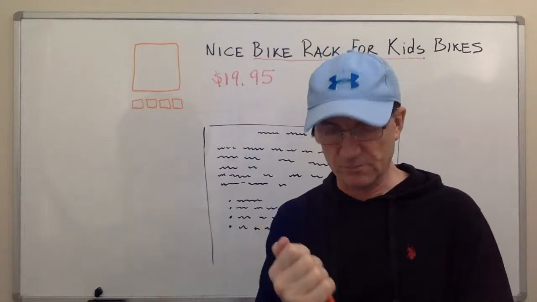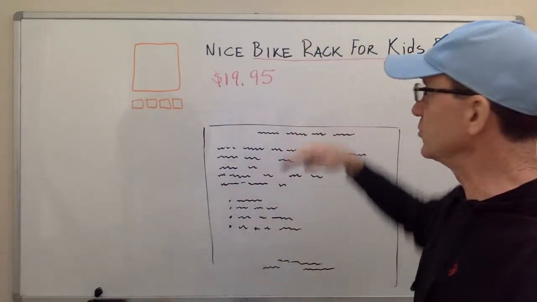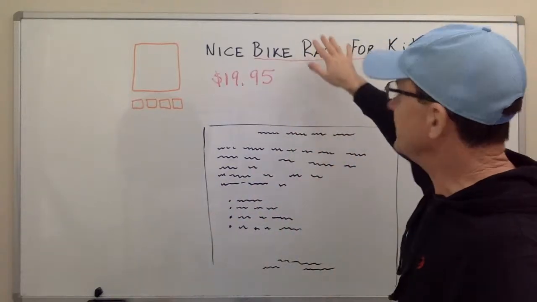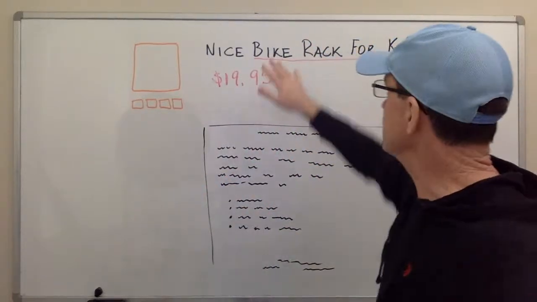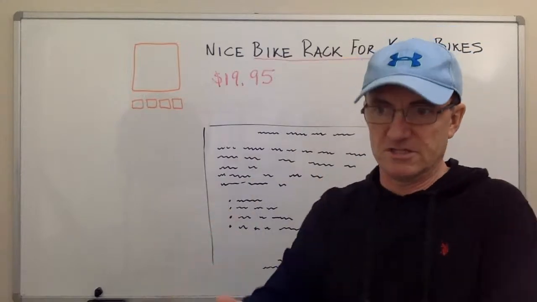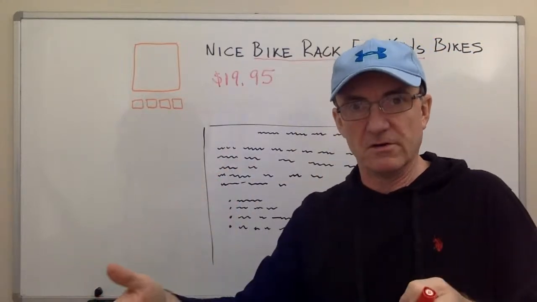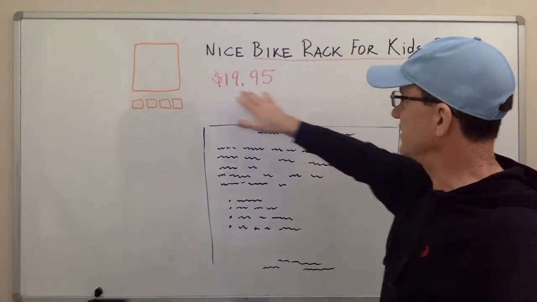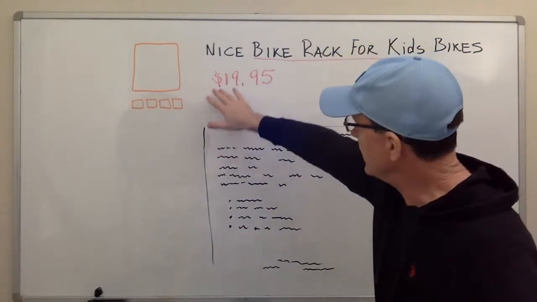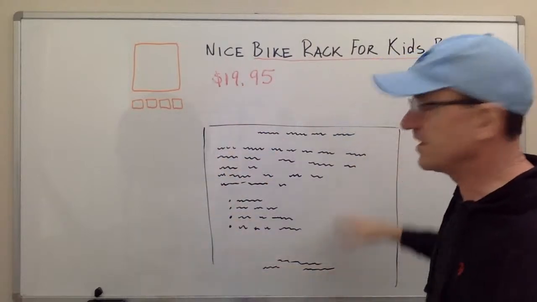That's the main keyword we're going to use as an example to rank on eBay. It could be bike rack for kids, or kids bicycle rack, or whatever combination of those words you want. Say we are selling it for $19.95, that is the price, and then you got the description here.